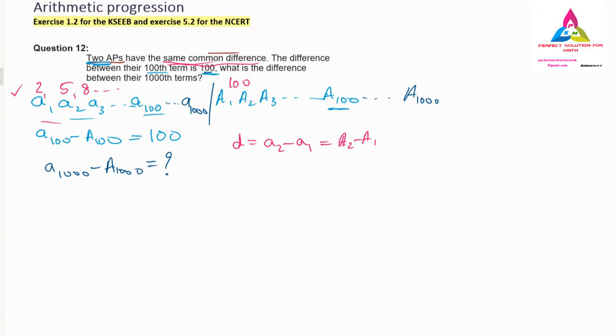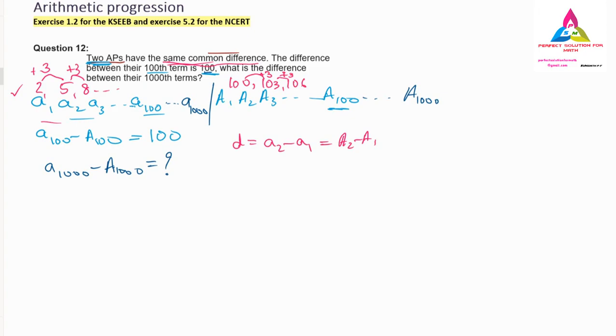That is 103, then 106. Why? Because 5 minus 2 gives a difference of plus 3, and 8 minus 5 is also plus 3. Similarly, 103 minus 100 is plus 3, and 106 minus 103 is again plus 3, because the common difference is the same in both the APs.